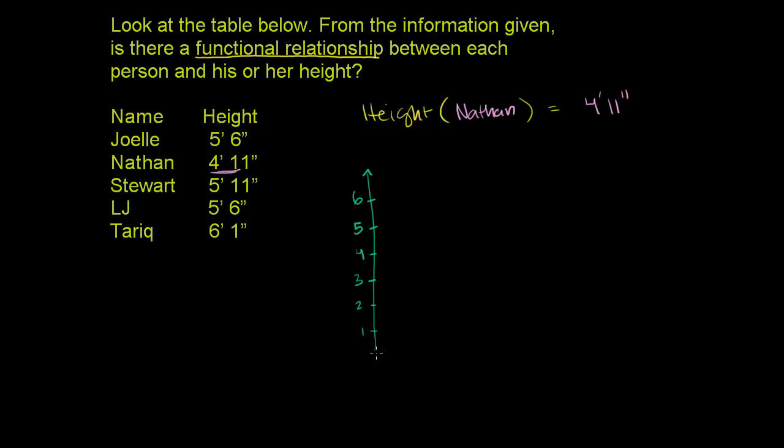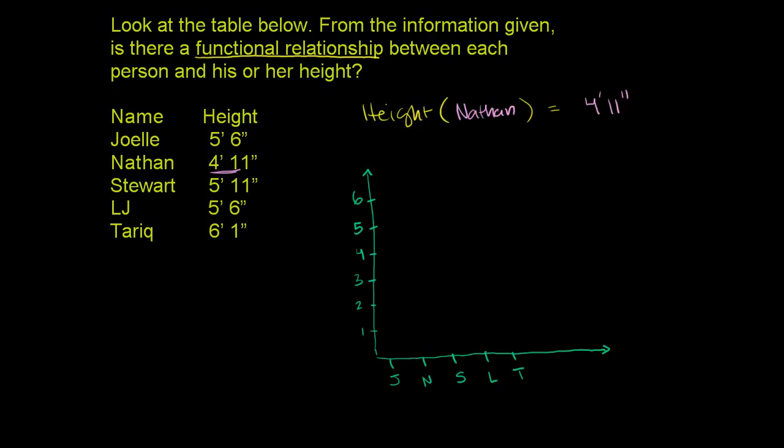And then if I were to plot the different people that I could put into our height function, I'll just put the first letters of their names. We have Joel, Nathan, Stuart, LJ, and then Tariq right there.